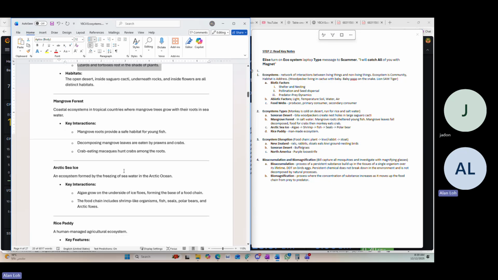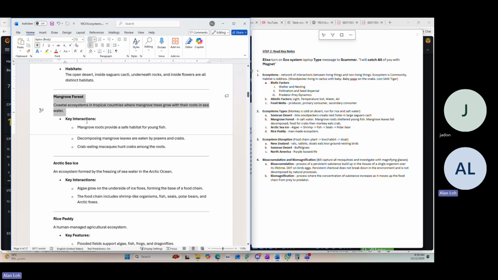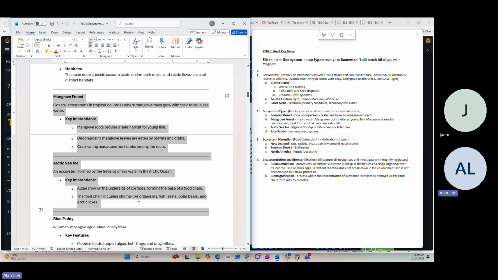So next, let's read these two, the second and the third type. And this is which drawer? Jaden, which drawer? This is drawer 2B. Good. Excellent. Let's continue to read.